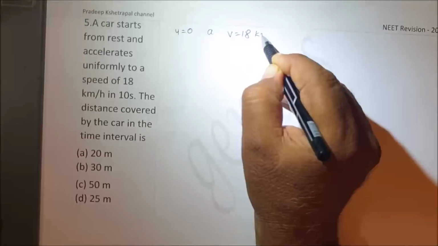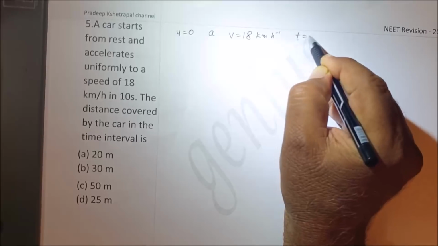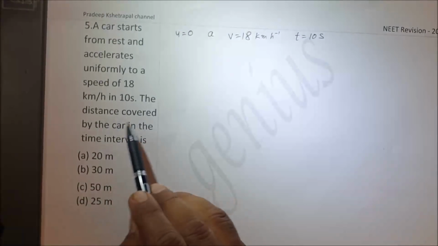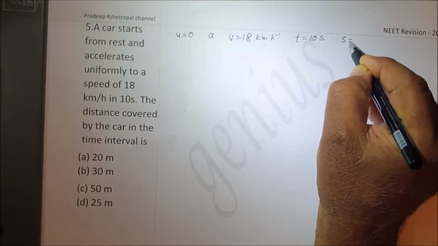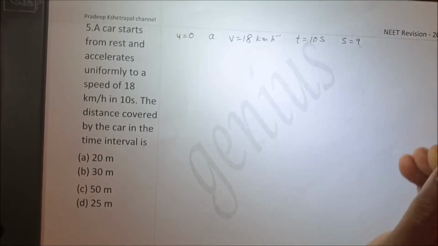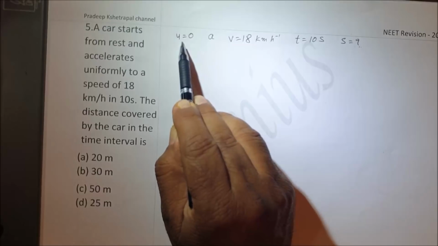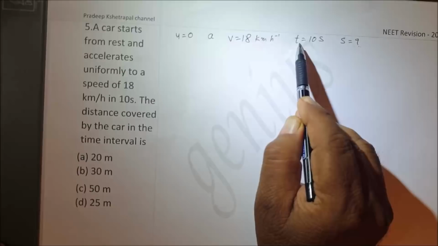Time given is 10 seconds. The distance covered by the car in this time interval is how much? S we are supposed to find out. So S, T, V, U. Okay. U, V, T, S.